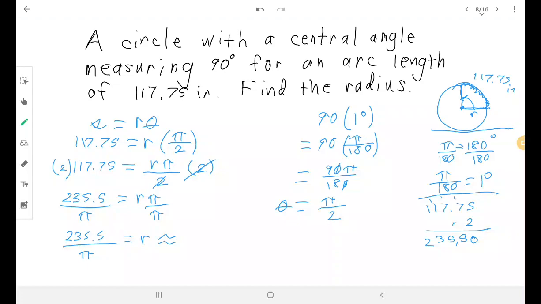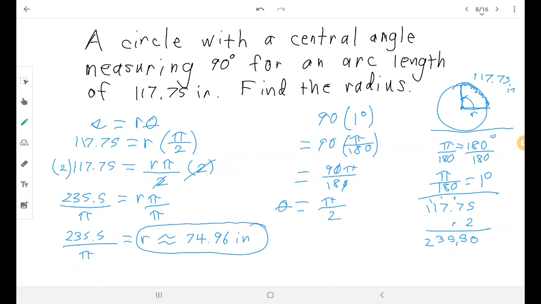That'll be, let's see here, 235.5 divided by pi. And again, I used the pi symbol on my scientific calculator, just on my phone, and that gives me a radius of approximately 74.96 inches.